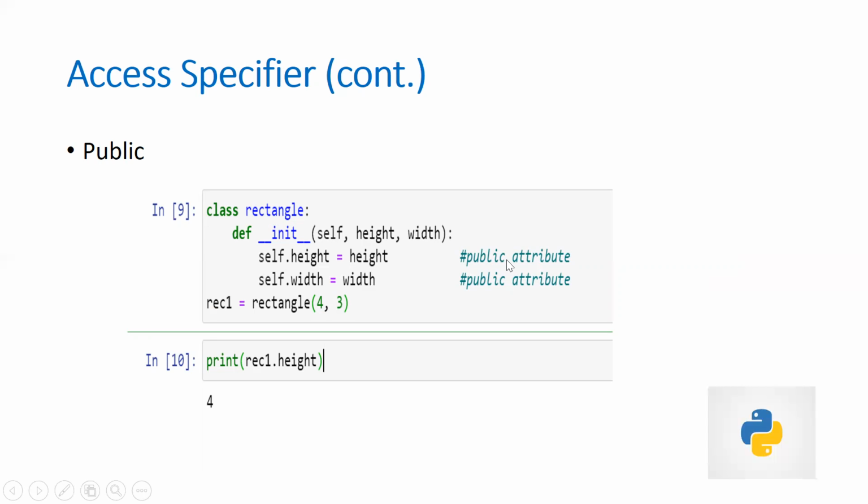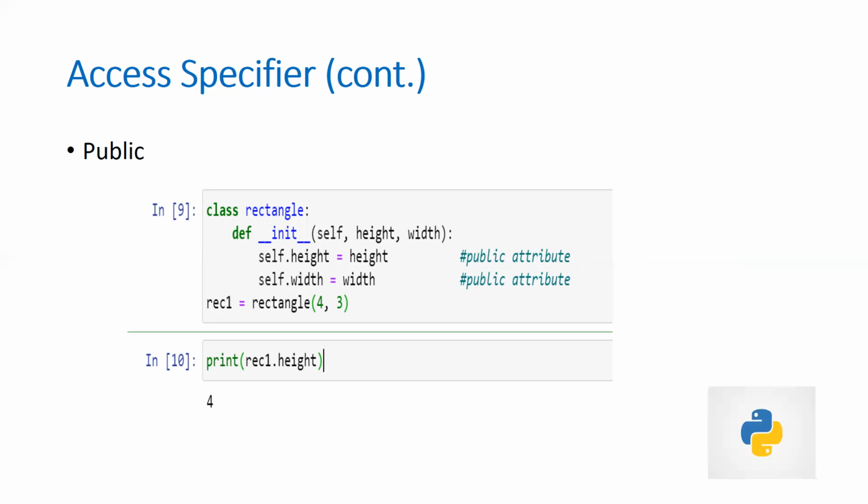For creating a public class, public attribute, or public method, we use the public keyword. There is a keyword public in C++ and Java. In Python, there is no such keyword as public, private, or protected.